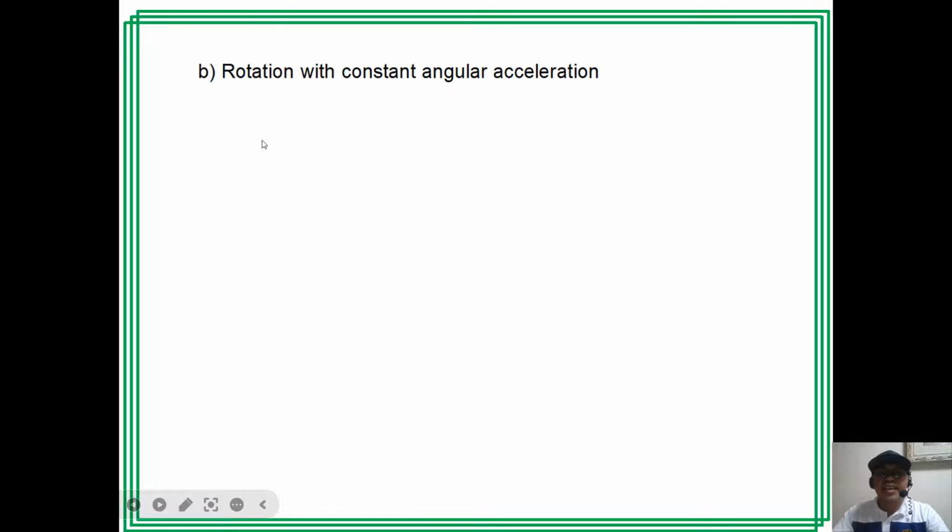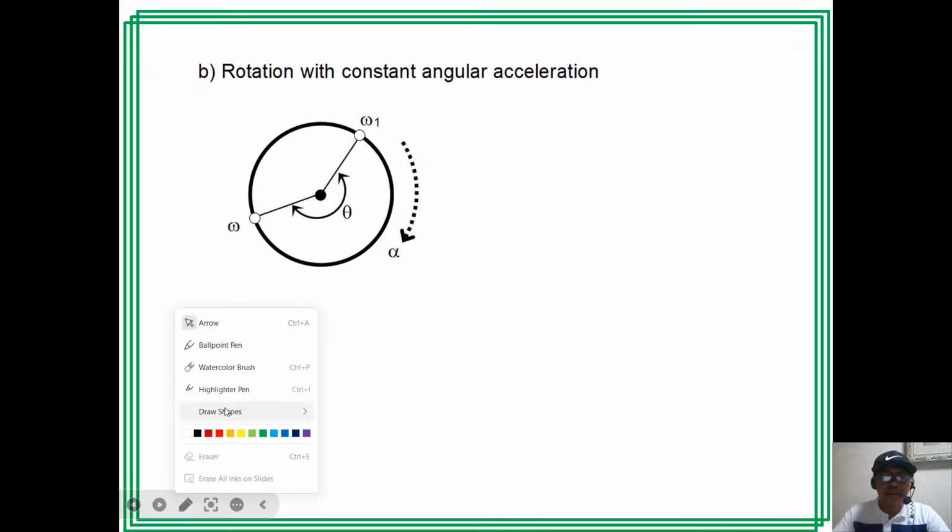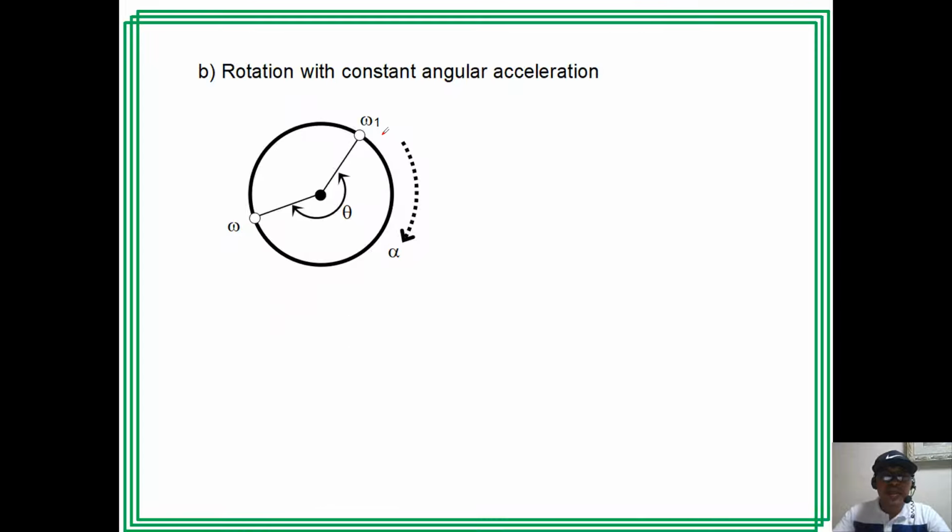The second case is when we have a rotation with constant angular acceleration. So if the rotation is accelerated, meaning it has changes in velocities. Let us say this is point 1, the starting point, with angular speed omega 1.